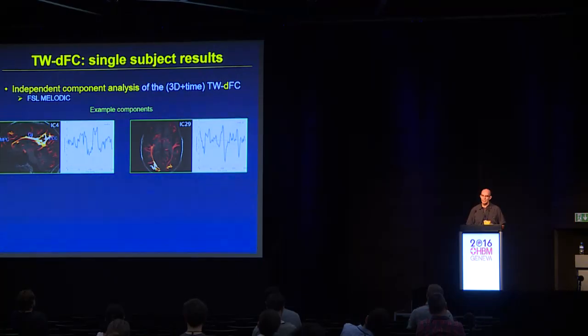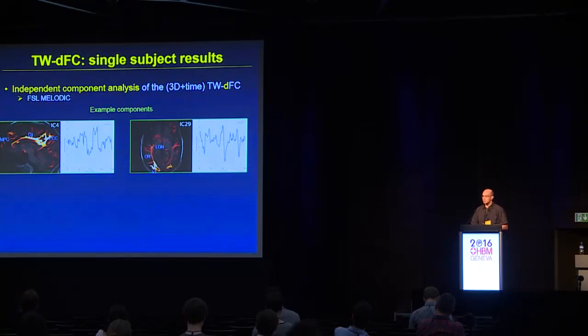So, for example, the one on the left is primarily on the cingulum bundle, connecting the precuneus posterior cortex with the medial prefrontal cortex, so two key nodes of the default mode network. And that temporal variation there would be the temporal variation of the correlation between those two nodes. So as I said, we are mapping the information of the gray matter into the white matter.